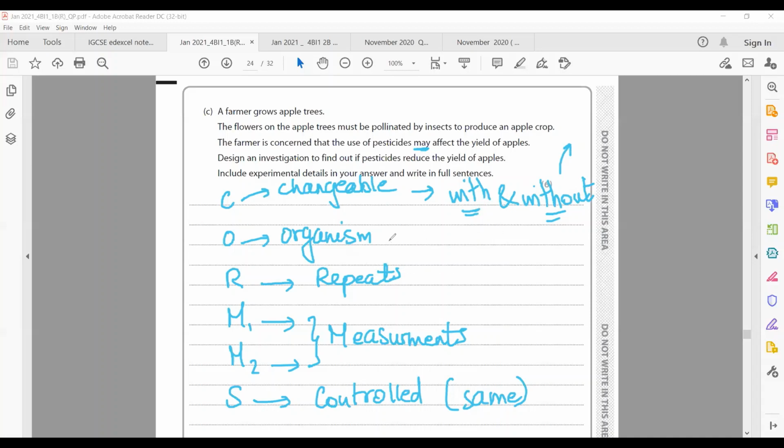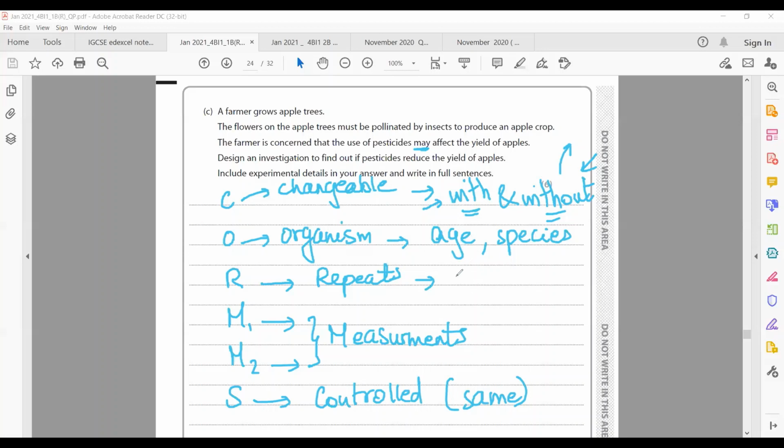طيب what about the types of the trees, both of them? They have to be of the same age مثلا، أو ممكن أقول of the same species of apple trees. ال repeats هنا معناها we are going to use several trees. في جروب منهم استعمله with وفي جروب without. فهنا دي الريبيتس بالنسبة لي، لأن أنا مش هقدر أعمل the same experiment to be repeated on a tree. ما ينفعش.